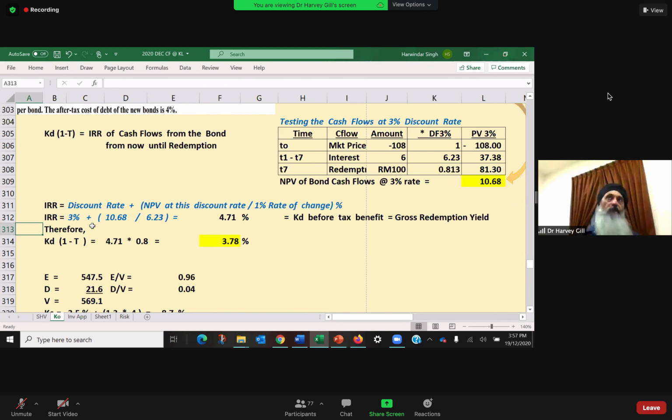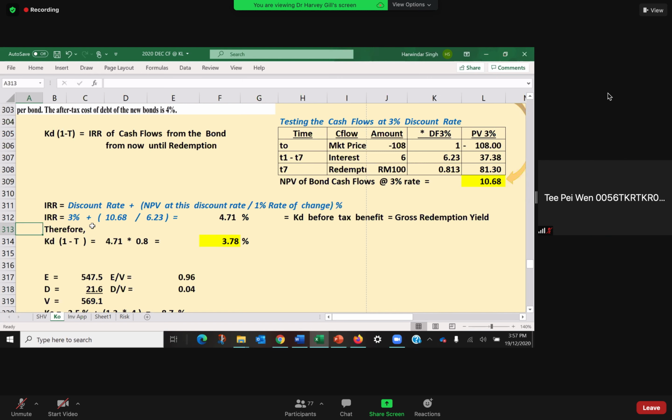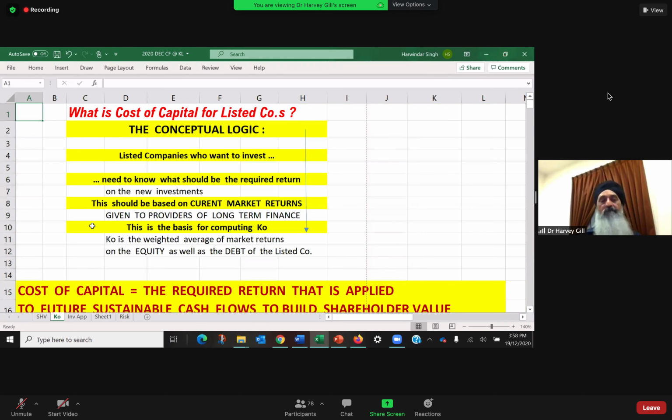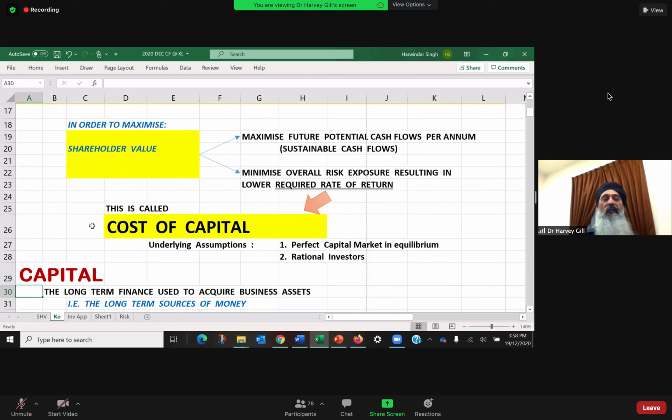So to wrap it all up, how do we calculate cost of capital? How do we work out the required rate of return for new investors, for new investments? Answer, listed companies can look at their shares on the stock market and say to themselves, well, look, these are the returns that people are getting on our equity shares, and people are buying and selling the shares at this rate of return, which means they are happy with the kind of returns that they are getting.